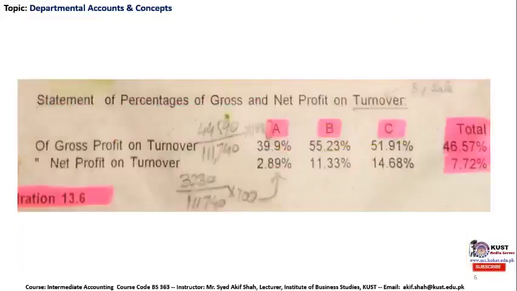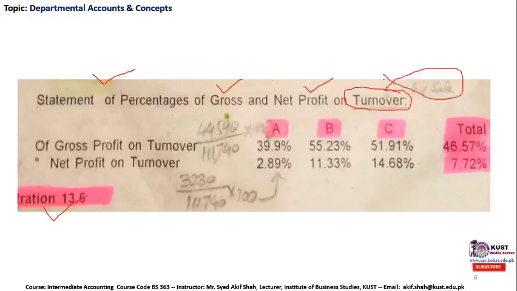Now let's discuss the second portion of this question, which is quite simpler. It asks us to find out the statement of percentages for gross and net profit on the basis of turnover. As we have previously explained, turnover is the total sales volume. So how did we calculate it for department A?